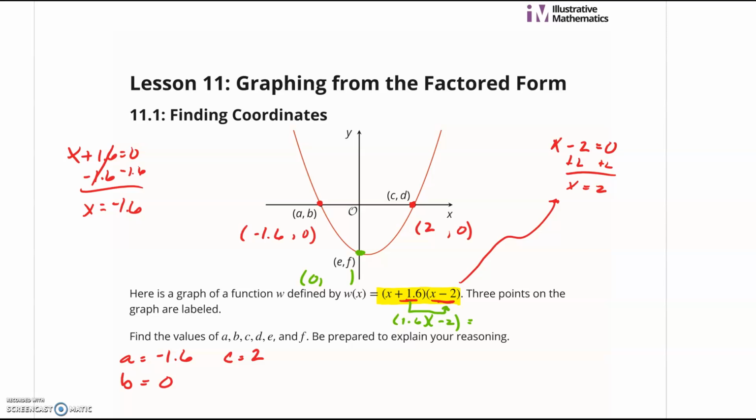Negative 1.6 times negative 2 is negative 3.2. So then my F value is negative 3.2. So E is 0, and F is negative 3.2. And that's it for this first problem.